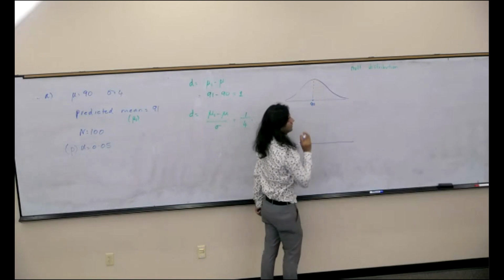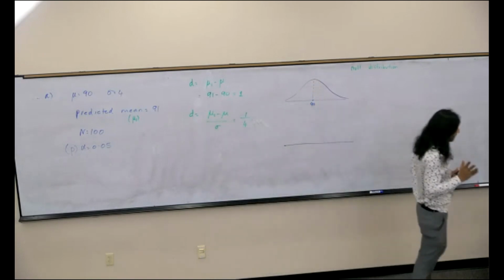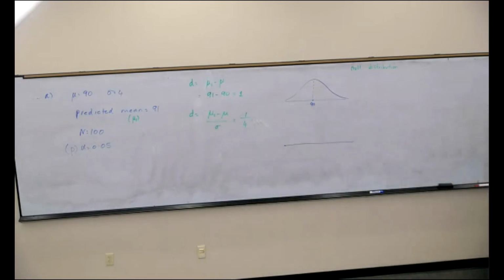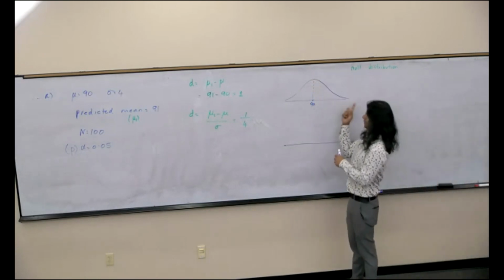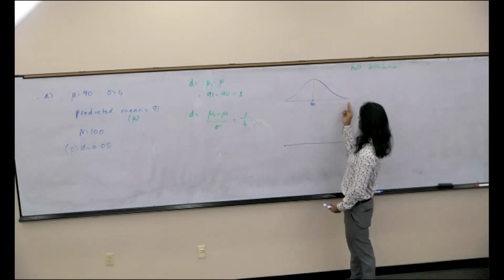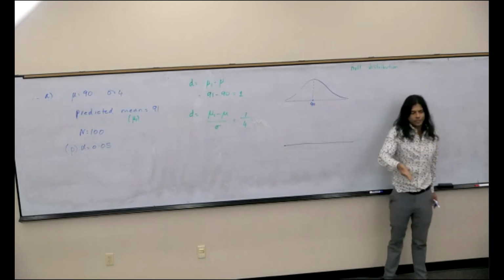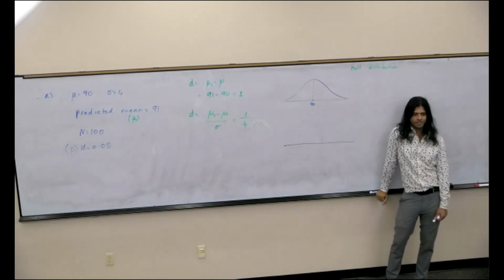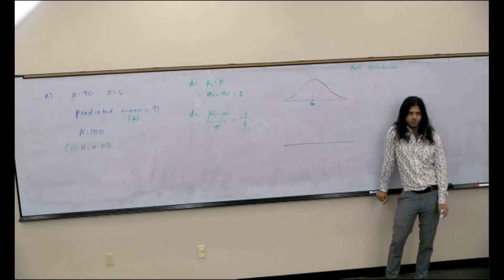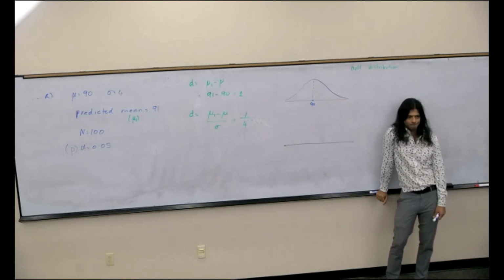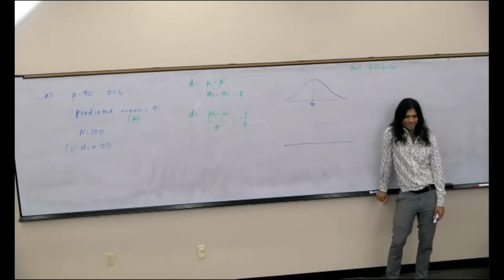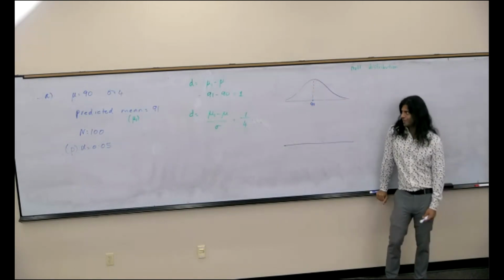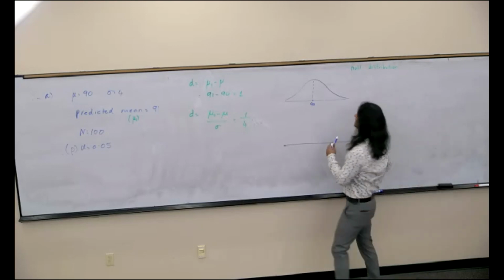Last time I said you don't have to sit around plugging into the formula x bar minus mu divided by sigma to find different points here. How did we come up with a few points in the middle of the line? We used the standard deviation and added it to 90.